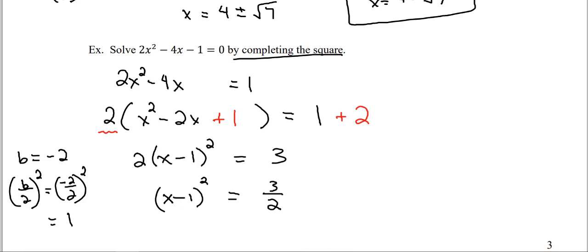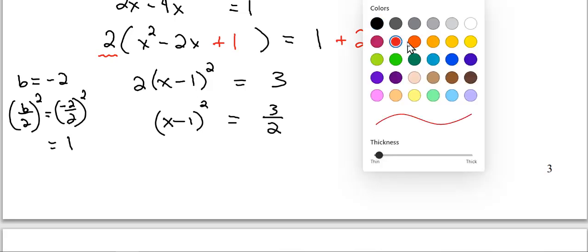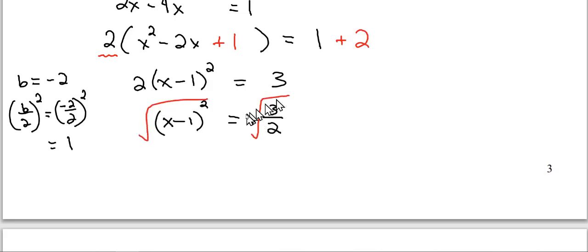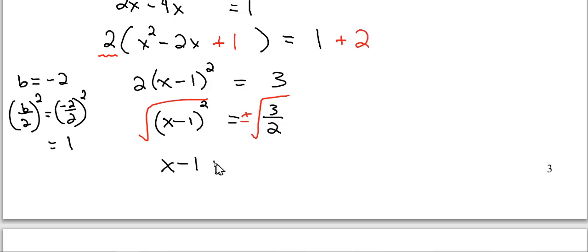Now we square root both sides and still use our plus minus using our square root property. X minus 1 is equal to plus or minus the square root of 3/2. Add 1 to both sides, you get x equals 1 plus or minus the square root of 3/2.